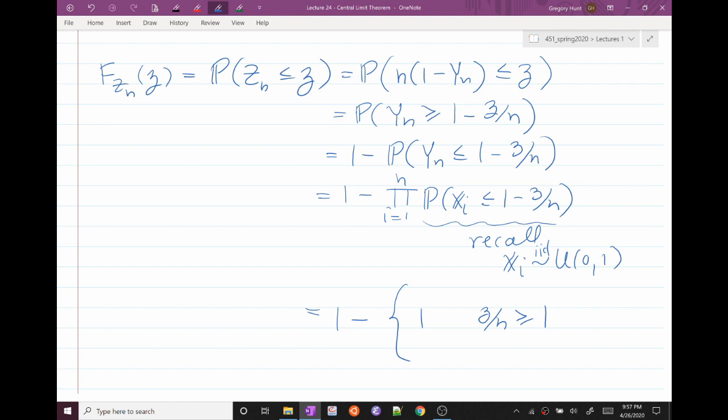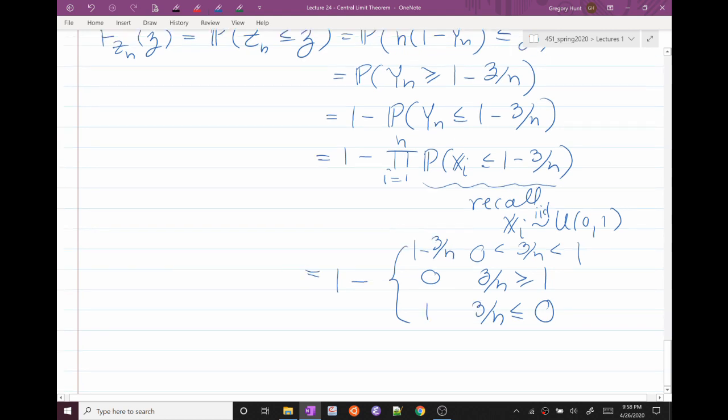Is that right? Let's be real careful here. I think we're going to get 0 in that case. Let's back up. If z over n is bigger than 1, then 1 minus z over n is less than 0, so we should get 0. If z over n is less than or equal to 0, we should get 1. And in the other case, where z over n is between 0 and 1, we'll just get 1 minus z over n.